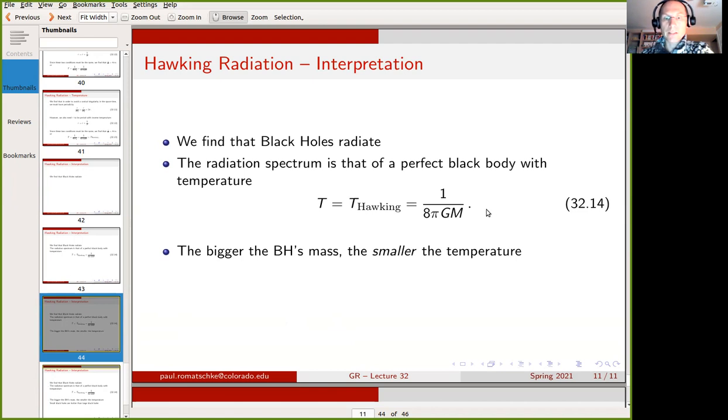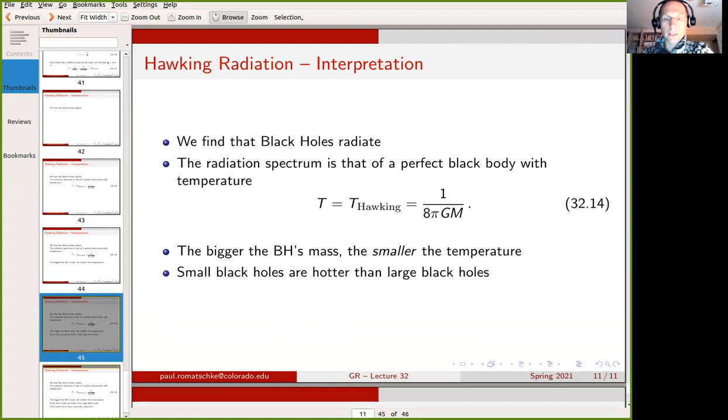So what that means is that a very large mass black hole has a very, very small temperature, and small temperature also means small power of radiation. This means that very large black holes radiate very, very little. Turning it on its head, the smaller the black hole is, the hotter the radiation will be, and the more the black hole is actually radiating.